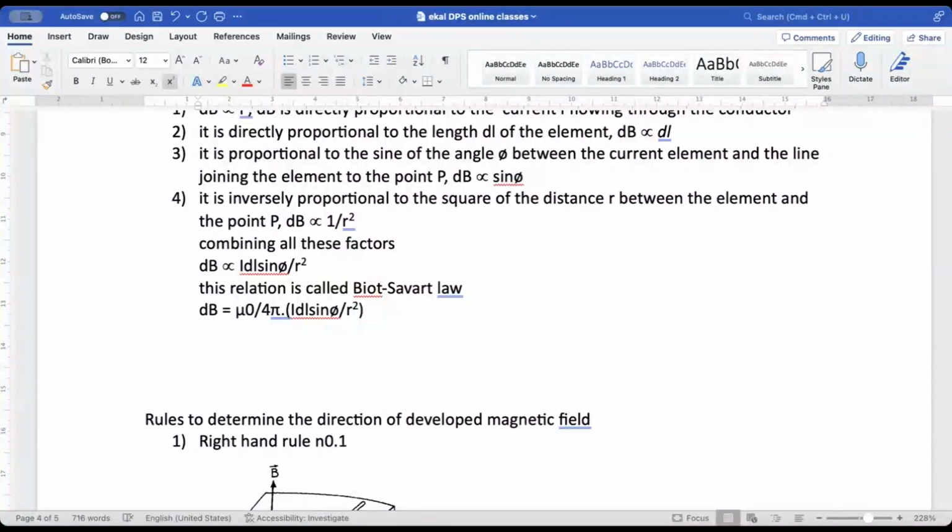Where mu naught by 4 pi is the proportionality constant, right? So this is the expression for the Biot-Savart law, right?